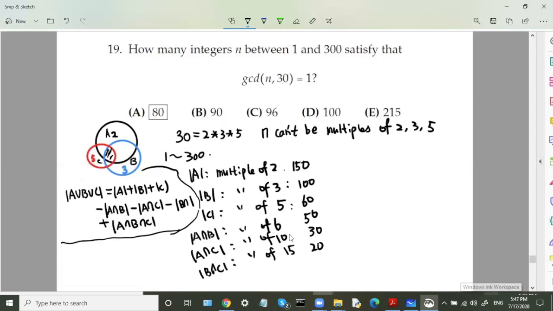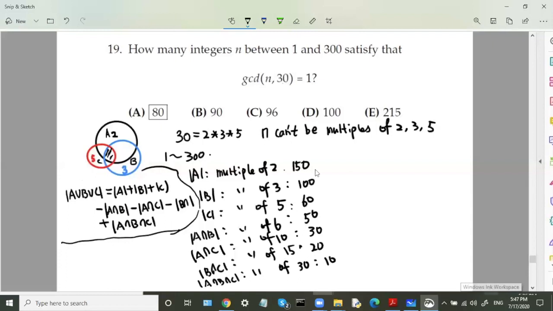That is 20. So A intersect B intersect C will be multiples of 30, which is 10.